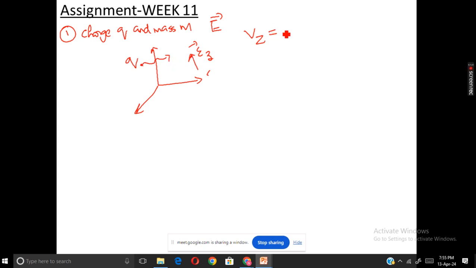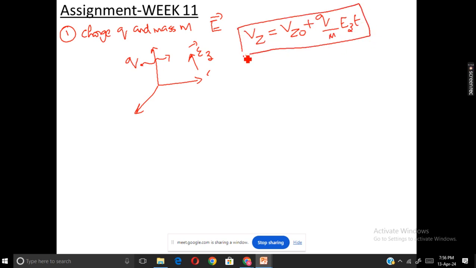The velocity of the particle will be along the direction of the electric field: Vz0 plus q by m Ez into t, where Ez is the electric field. So it will be linearly increasing with respect to time along the z direction. The velocities in the other directions will not be affected by the electric field. This we have already learned.